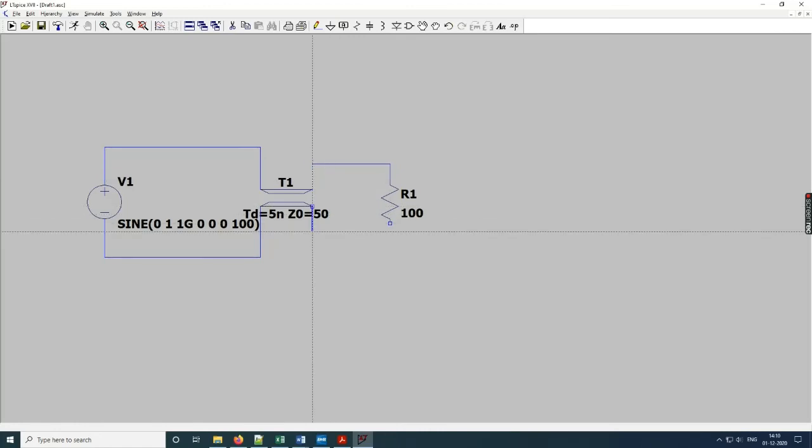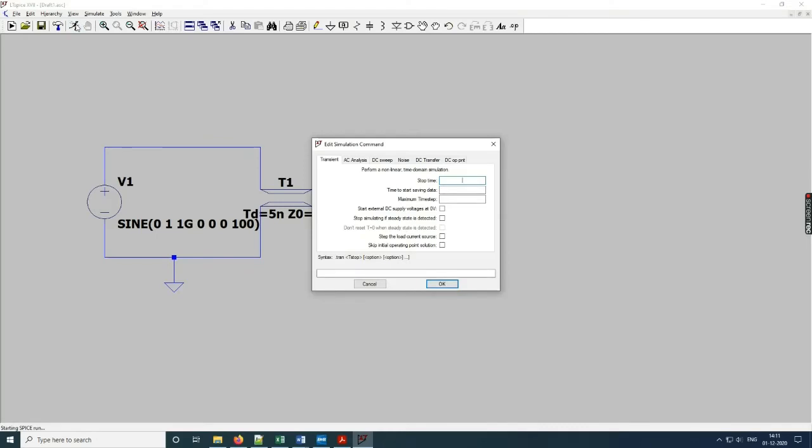This is what the circuit will look like. Let us now connect a ground, because every circuit needs a ground. So there we go. Now let us do a transient analysis.